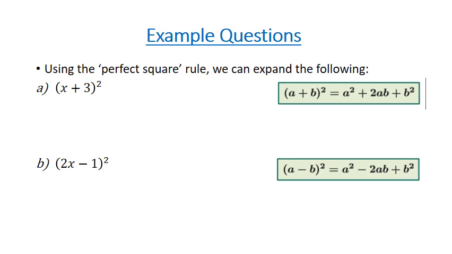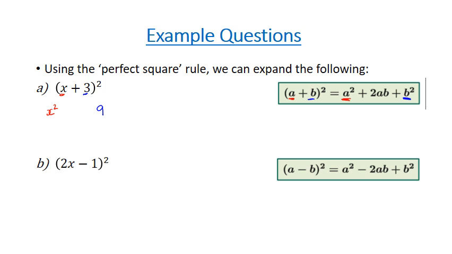So let's look at some example questions using our formulas. In our first example, we've got x plus 3 all squared. If I look at our formula, my a term is my first term, so the first thing I want to write is a squared. If my first term is an x, I'm going to go x squared. My last term is a b in the brackets, so that's going to be a 3, and when I expand, it's going to be b squared, so 3 squared is 9.